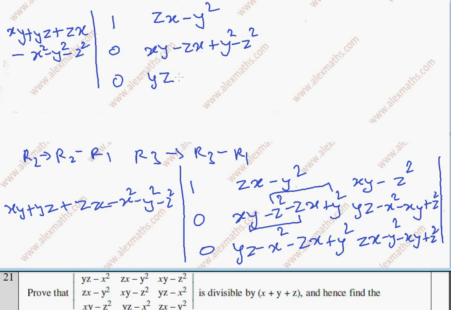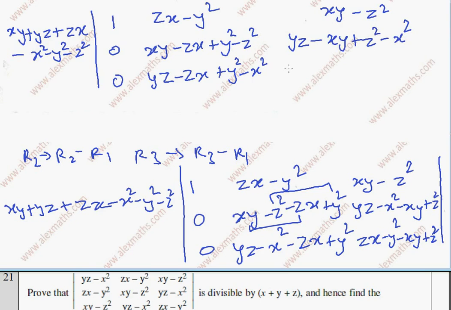Then yz minus zx plus y square minus x square. This will be xy minus z square, yz minus xy plus z square minus x square, then zx minus xy plus z square minus y square. Okay. Then again the outside term as it is.